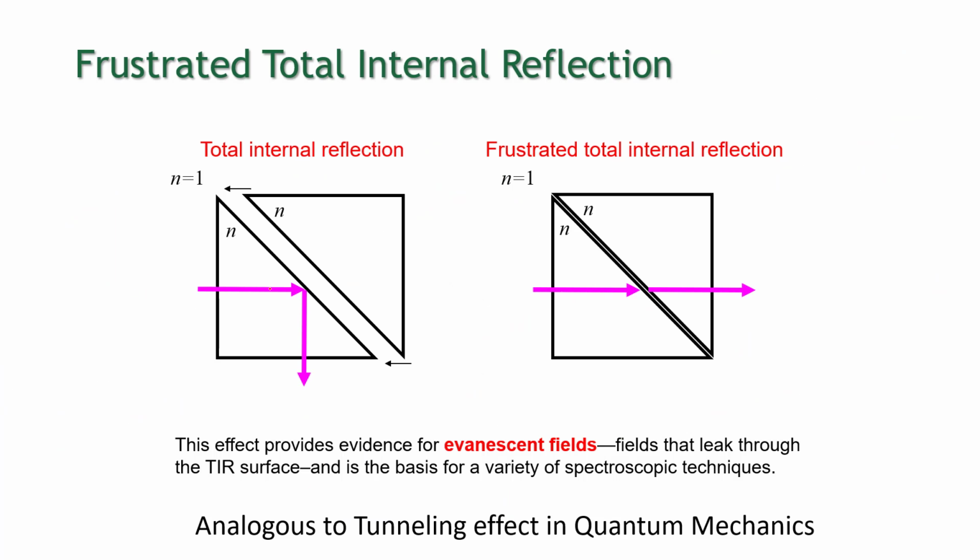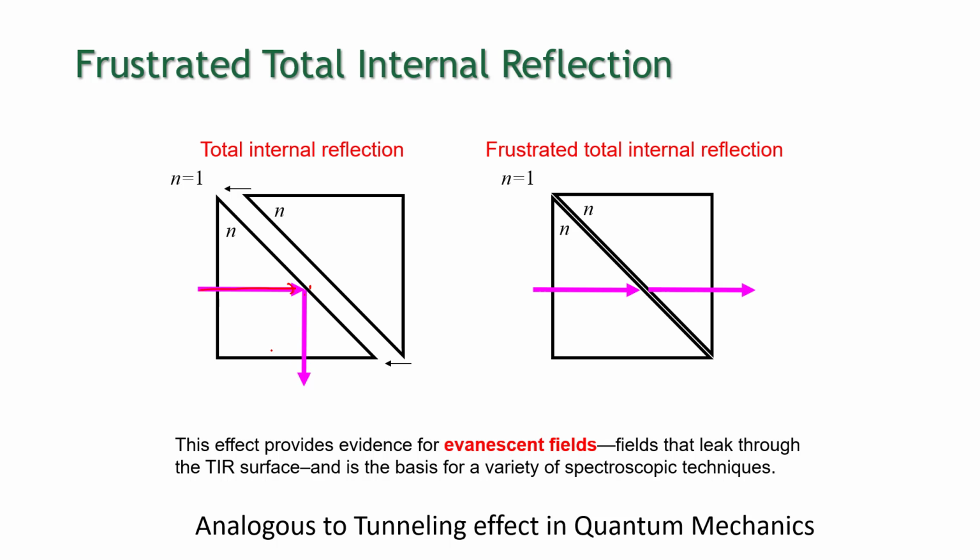And so you see here, you will see this light incident on this part, and then some electric field will be present here, but it will decay exponentially, and most will be reflected.